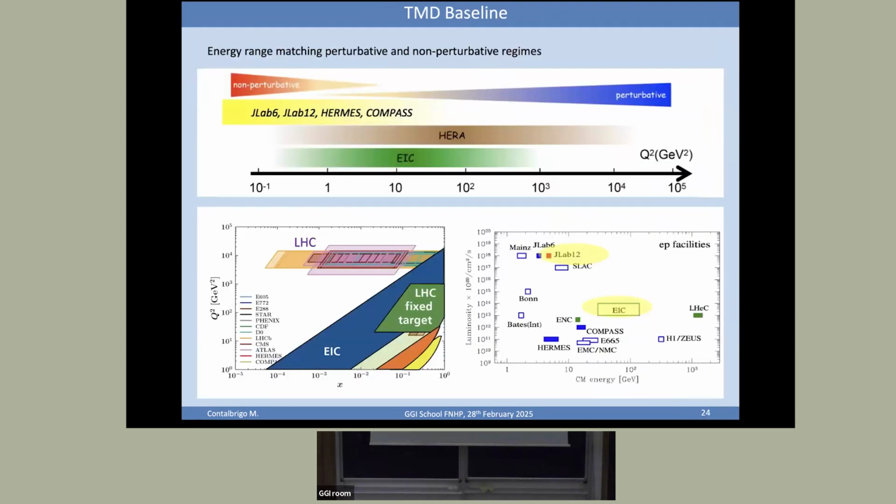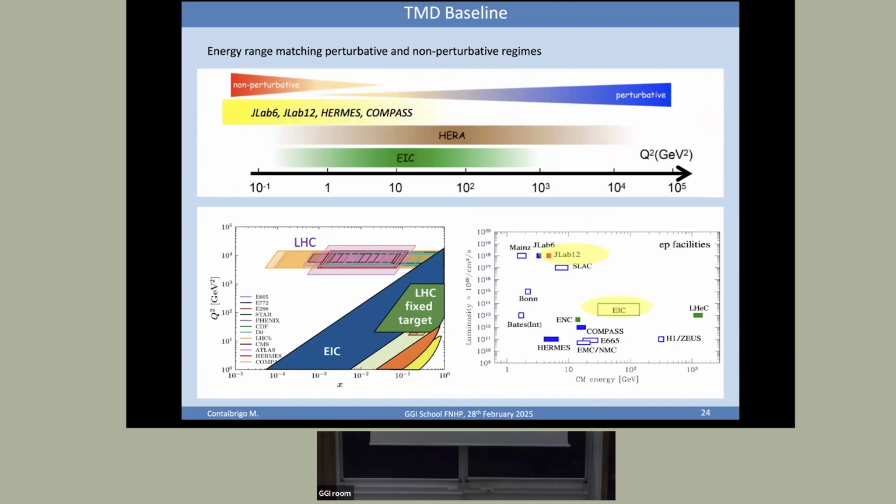What can we do? We can design new experiments, of course. So HERA, you know, was a Deep-Inelastic scattering collider, but wanted to go to extreme energies, looking for leptoquarks. Okay. Then you have fixed target experiments that typically live at very low Q-squared.